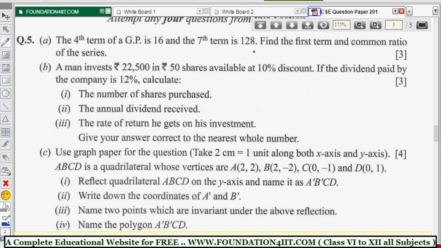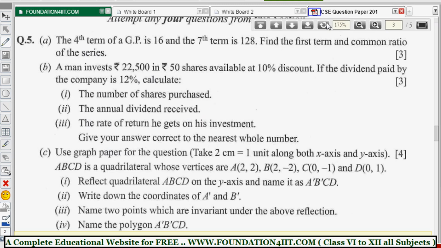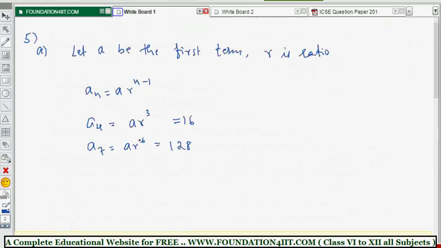Seventh term is 128. So a7, that is a into r power 6 is 128. Using these two statements, you can find out a and r value, then you can get the series. We need to find out only the first term and common ratio. Let these be equations 1 and 2.